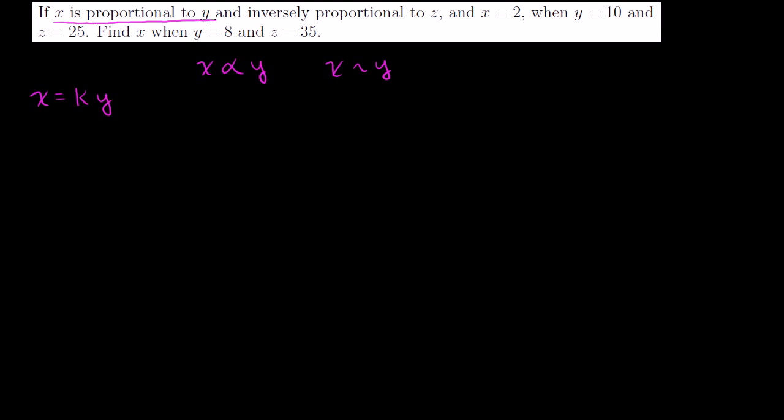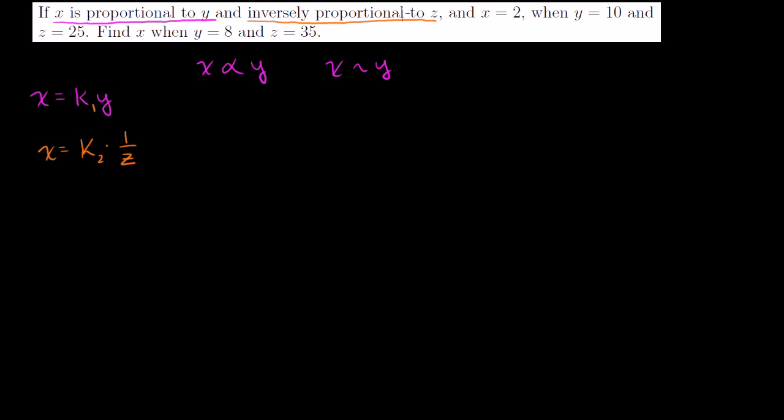Then the next statement here, it says x is proportional to y and inversely proportional to z. So that second statement says that x is equal to k, it's going to be a different constant, not necessarily the same constant. So I'll call this k1, and the other one k2, some other constant, times the inverse of z, times 1 over z.